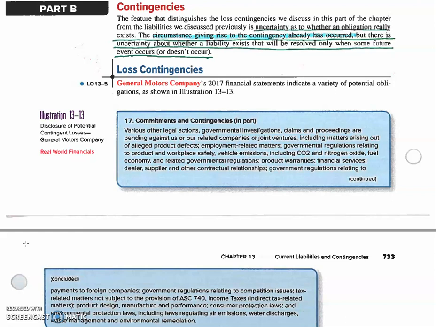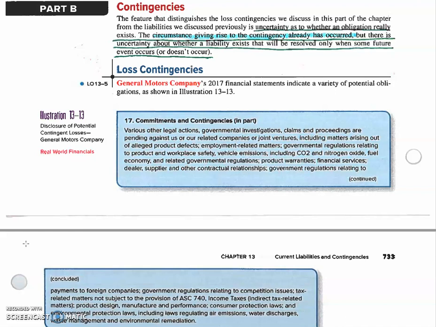So maybe it's a past sale and they're arguing that you didn't deliver what you were supposed to deliver. And so it arises from a past event or transaction. Is there a present obligation? Well, maybe. Not 100% certain there because the existence of that obligation is somewhat dependent on some future event that may be beyond your control, like the outcome of a lawsuit.